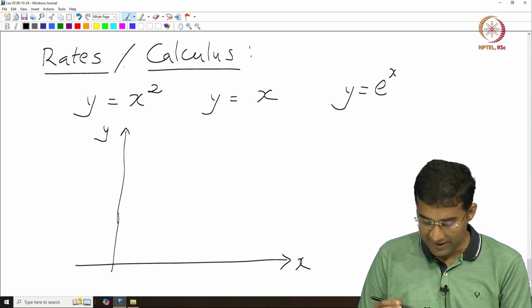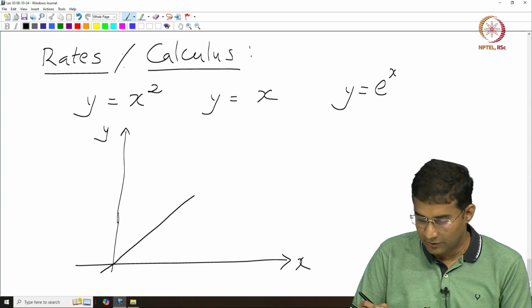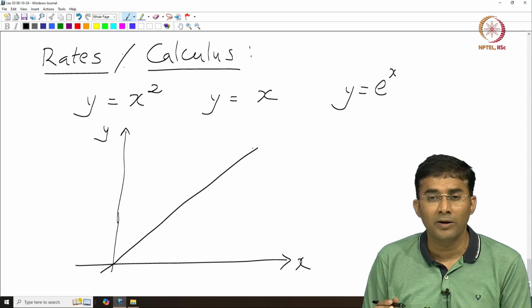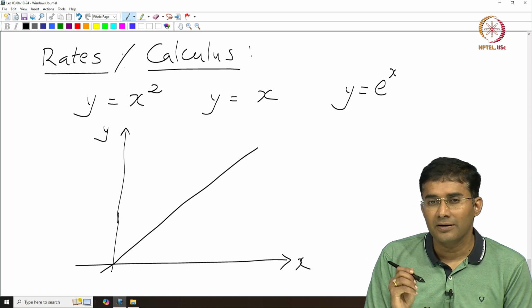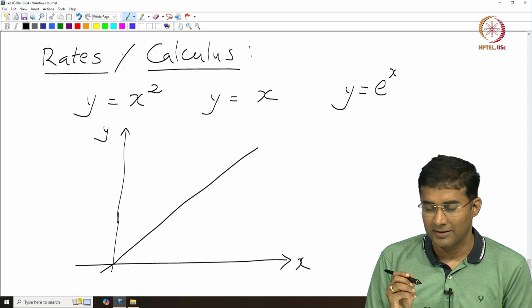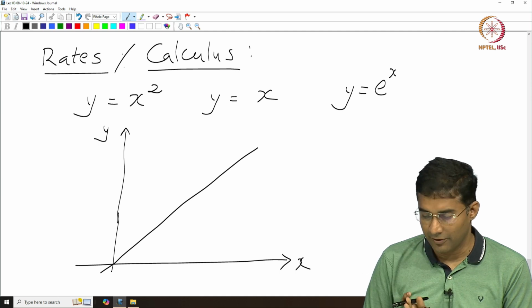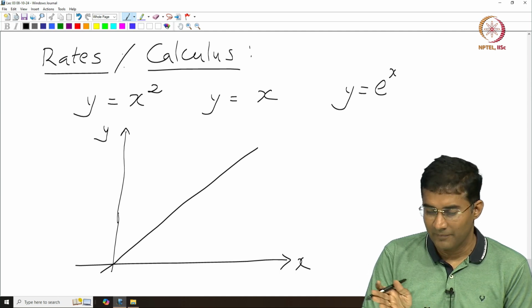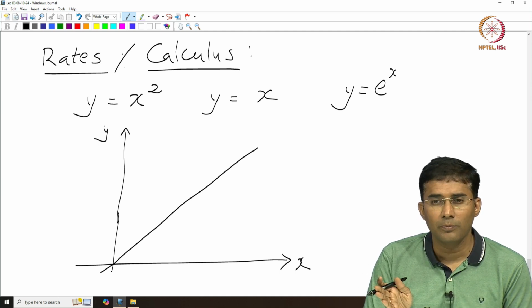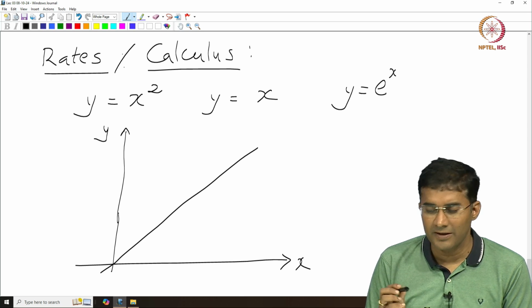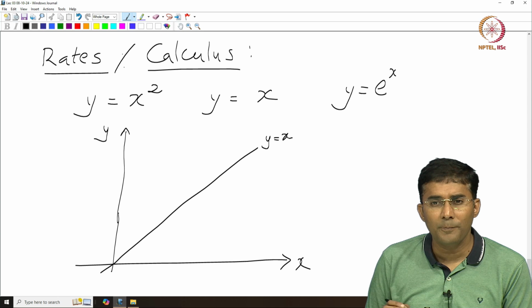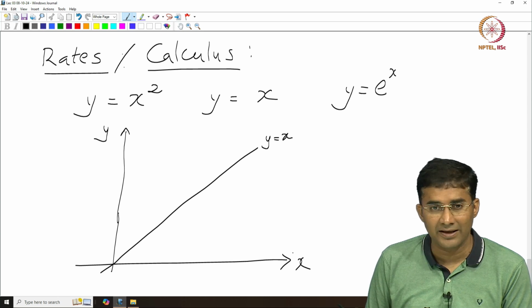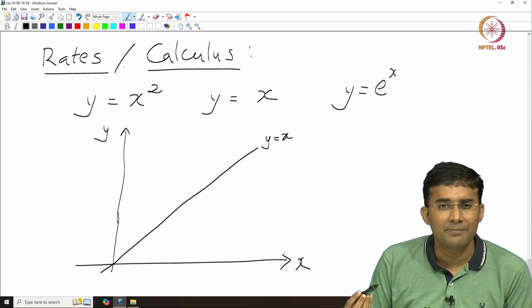Let me first draw y is equal to x. That would go through the origin and has a slope of 1. It has a constant slope. The slope is the rate of change, because a steeper line means more slope, and the characteristic of a straight line is that its slope is constant as a function of x, and the slope is really nothing but the rate of change.